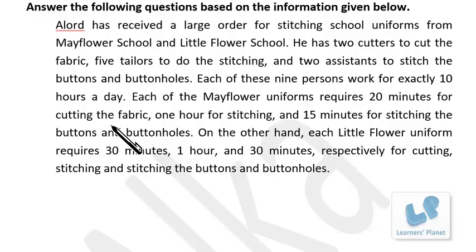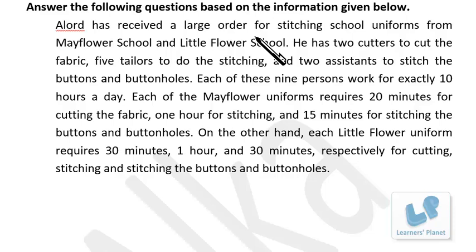Now in this set there are 5 questions. Precisely, this is a problem of data analysis. Okay, Allowed has received a large order for stitching school uniforms from Mayflower School and Little Flower School. He has 2 cutters to cut the fabric, 5 tailors to do the stitching, and 2 assistants to stitch the buttons and buttonholes.